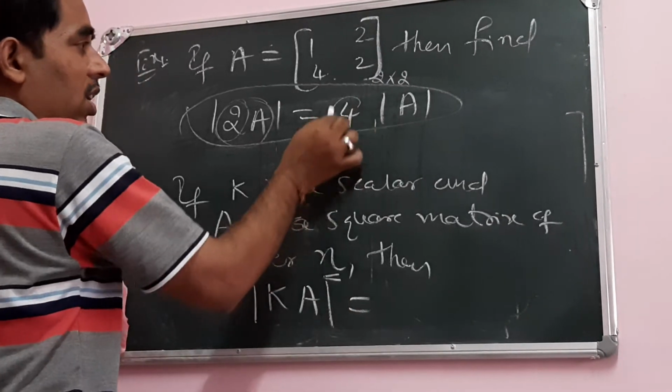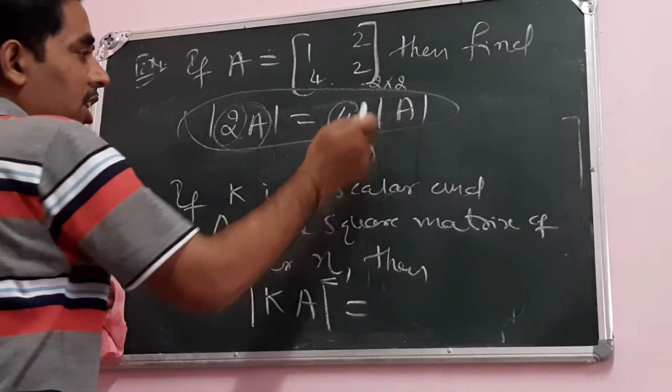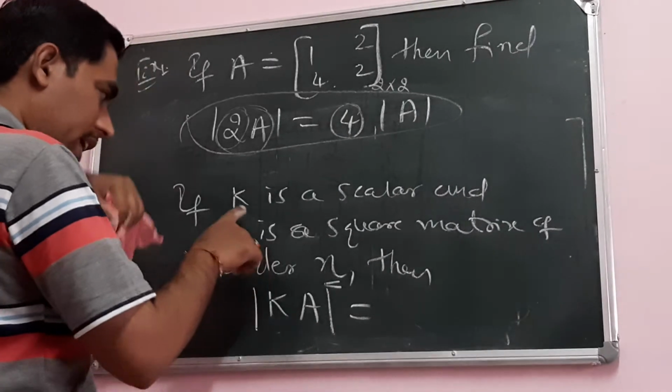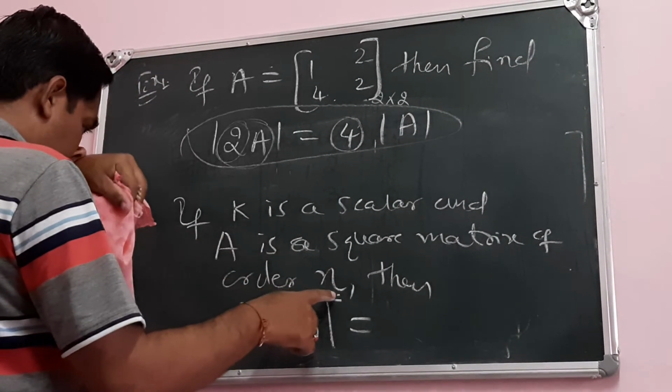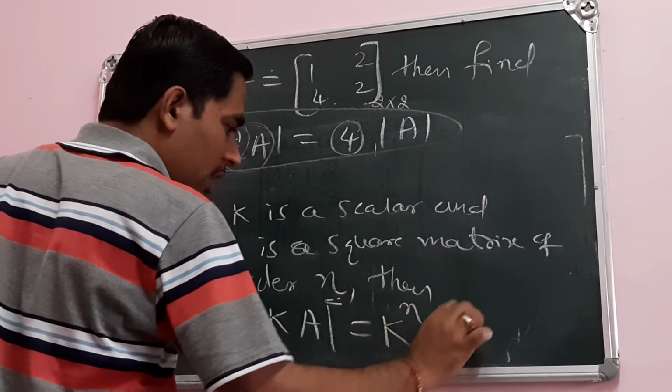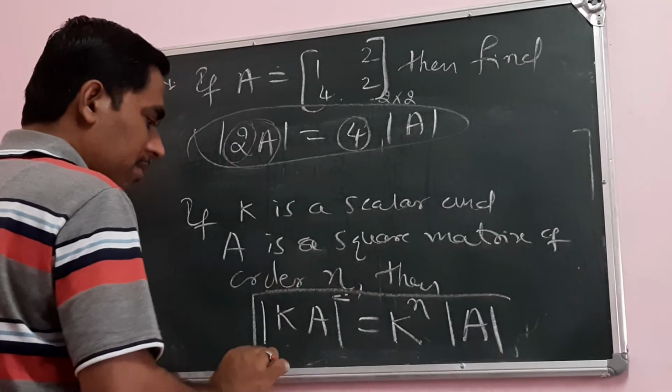What I got here is that the coefficient of the determinant is 4. In the previous example it was 27. So K is a scalar and the order is n, so that is K to the power n into the determinant of A. This is the general property.